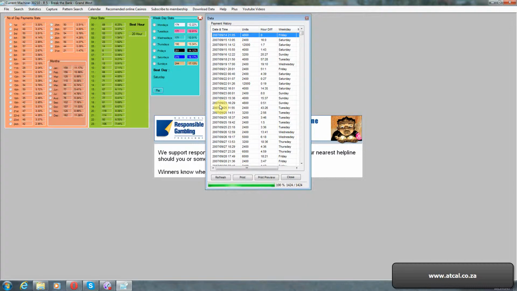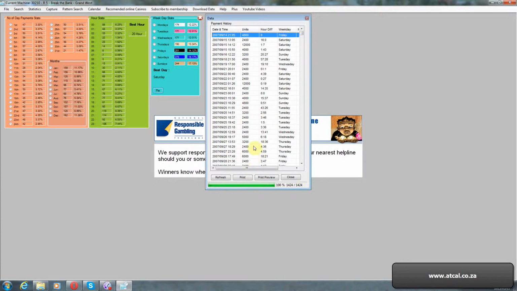Now, having 1,400 payments in 1 year, let's say we had all these 1,424 payments in 1 year, so in 2015 we had all these payments, as opposed to all these payments over the time span of 8 years.